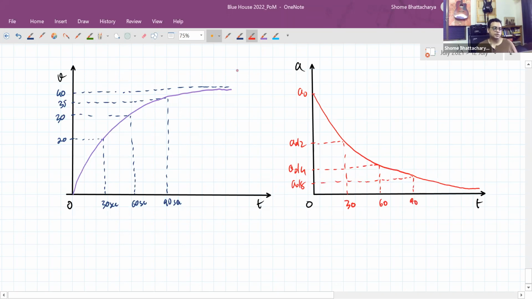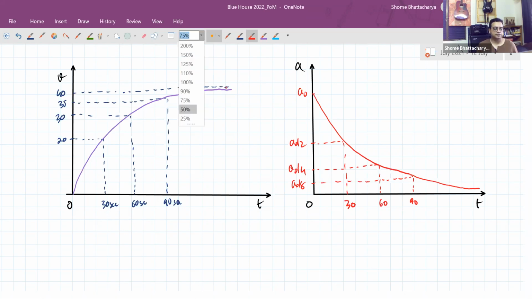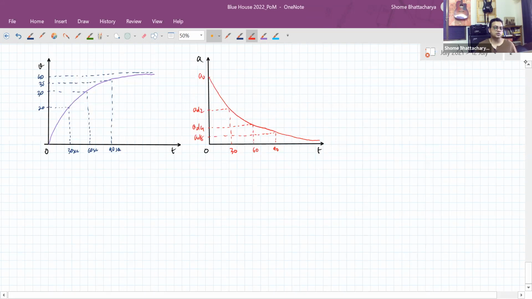Whereas this will become 37.5 and like that. So just through this question, I'm showing you the behavior of exponential functions, or the inverse of exponential, which is logarithmic. So logarithmic mathematics has this kind of behavior.